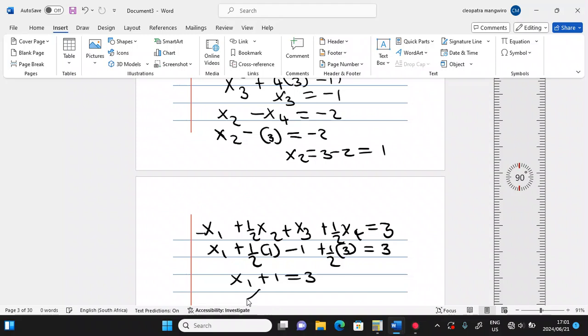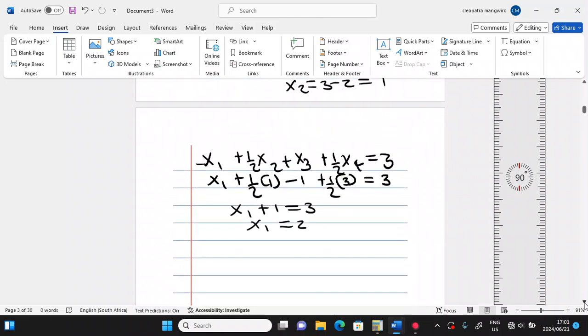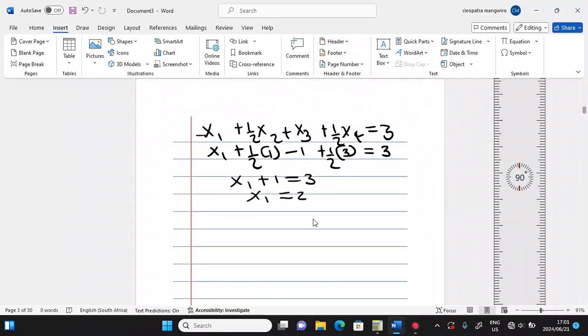Then x1 is equal to 3 minus 1, which is 2.